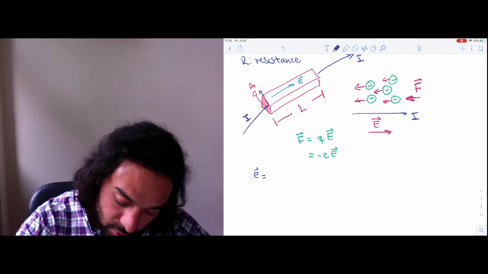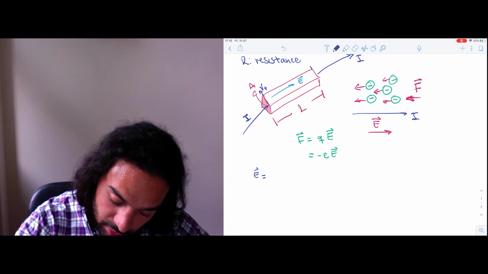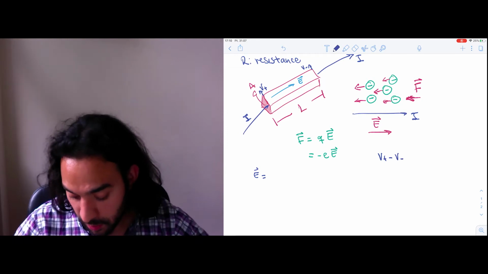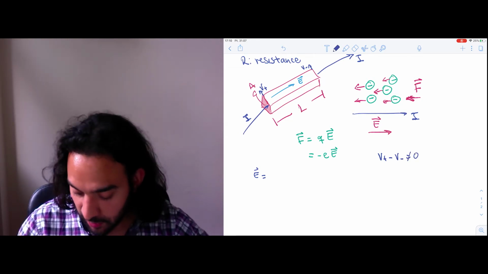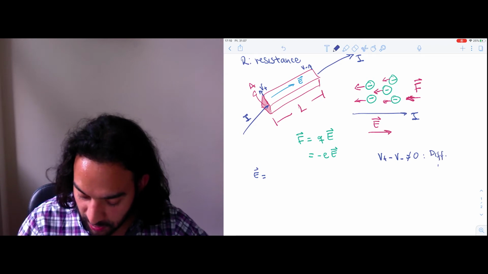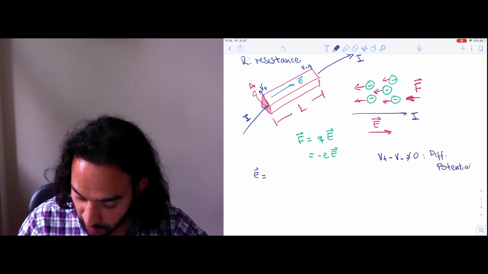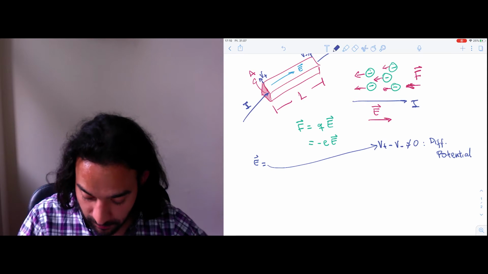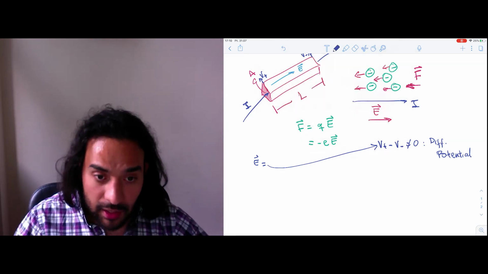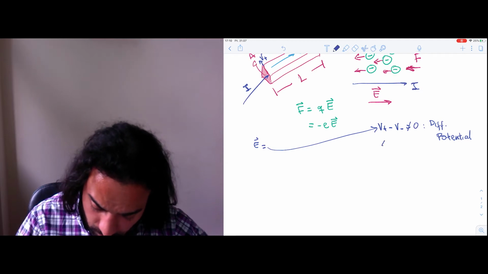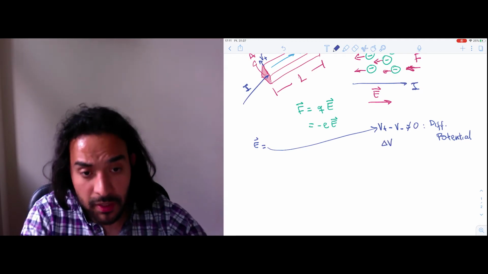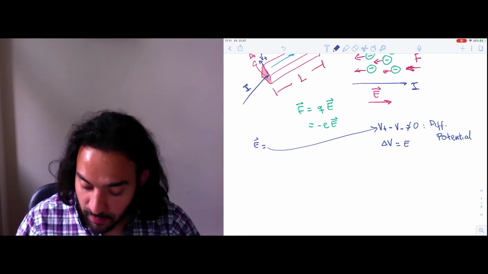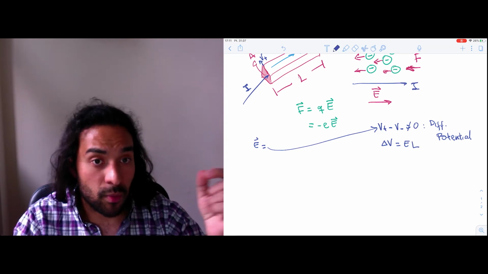We have some potential here, V plus, and some other potential here, V minus, so V plus minus V minus would be different from zero. We have a difference of electric potential induced by the presence of the electric field. And so this difference of potential, V plus minus V minus, is the magnitude of the electric field multiplied by the separation between these two points, right?